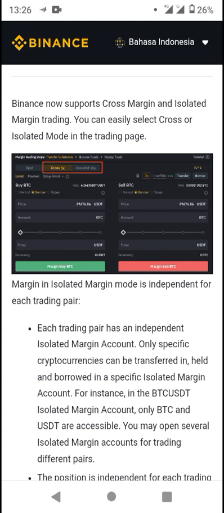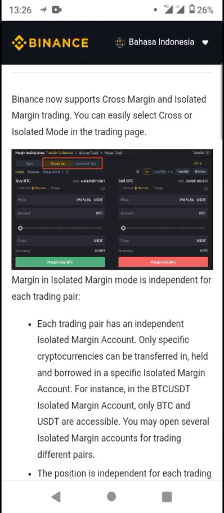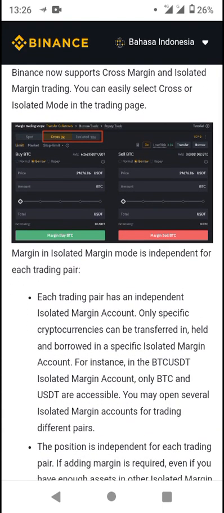Also, the leverage given for cross margin trading is 3x. For isolated margin trading, the individual leverage varies according to the digital assets you want to trade.